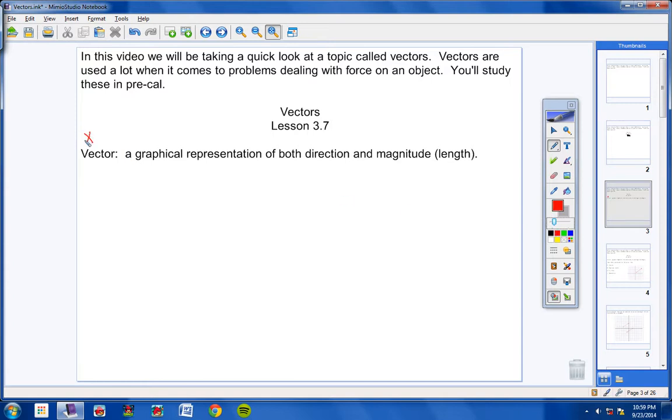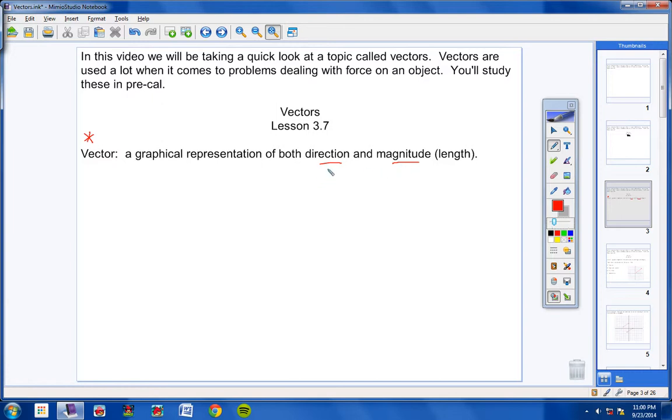Vectors are a graphical representation of both direction and magnitude. Okay? Copy that down. Then I'm going to talk about this. A vector is a graphical representation of both direction and magnitude.